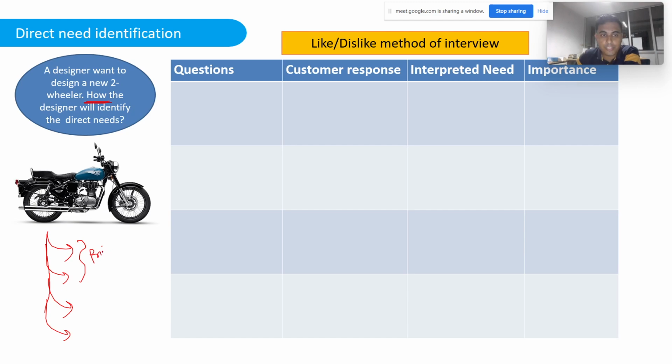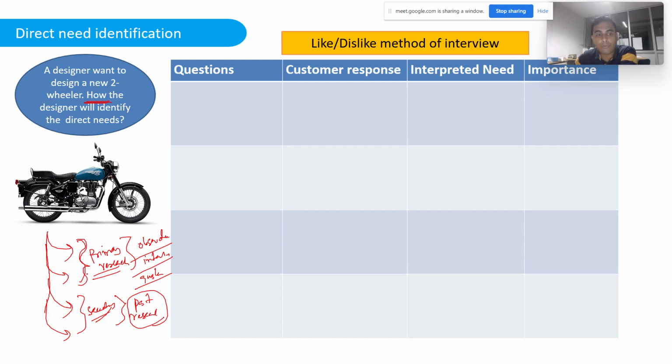Okay, so basically there are two kinds of research. One is primary research, one is secondary research. Primary research is mainly based on observation, and interview questions. Secondary research is based on past research. Many times whenever you want to go for new product development, you go with primary research techniques, which involve observation.